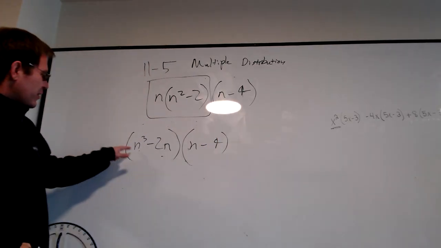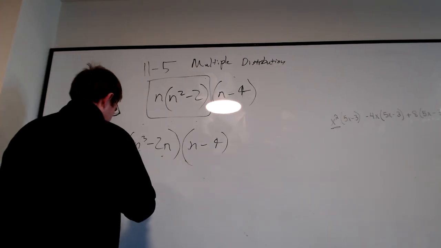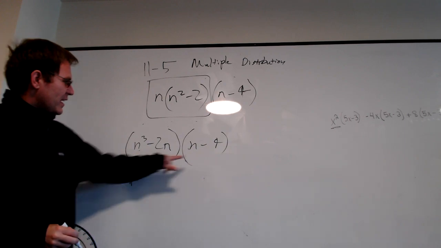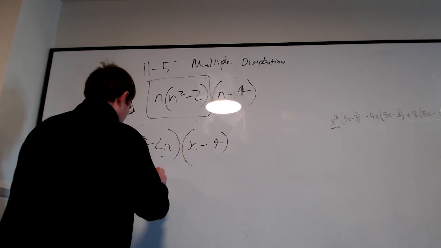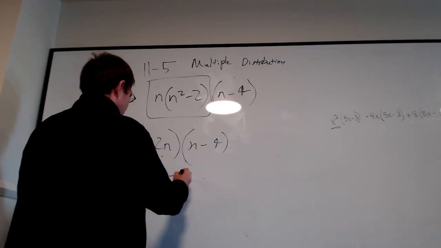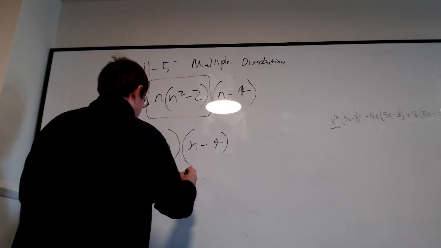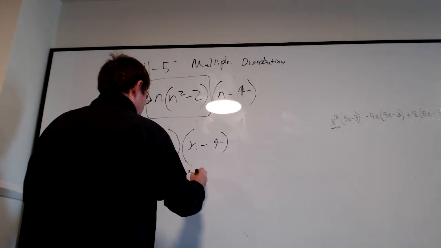So now we're going to start with this term. So it's going to be n to the fourth. Then we're going to multiply that by the -4, so that's minus 4n to the third, minus 2n squared, plus 8n.